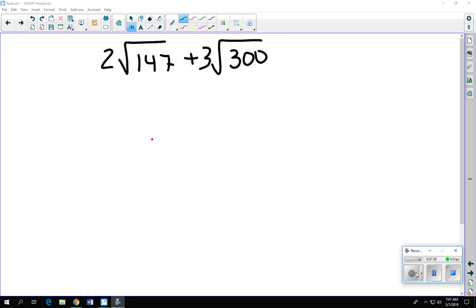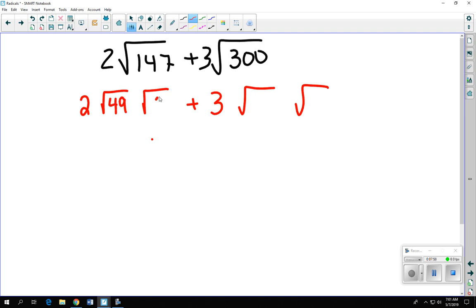So I'm going to come up with a different question where I'm going to see 2 square root of 147 plus 3 square root of 300. Just like we've been doing in our other problems, we're going to simplify the numbers down first. So I'm going to have 2, and there's 2 square roots that work out into 147, plus 3, and then the 2 square roots that work out into 300. For the square root of 147, I'm going to use 49 and 3.